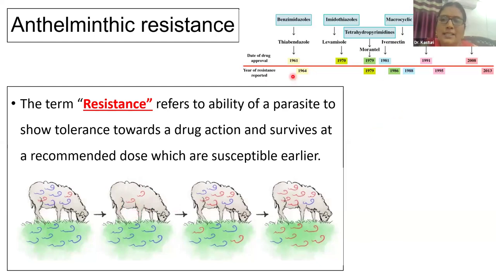Okay, this table is a timeline indicating the introduction of different classes of anti-helminthic drugs we have discussed earlier, like benzimidazoles, tetrahydropyrimidines, and macrocyclic lactones.